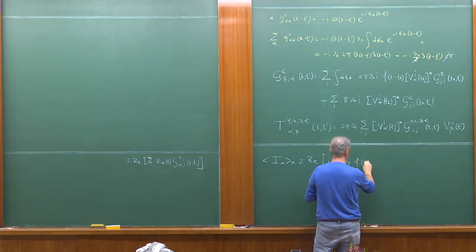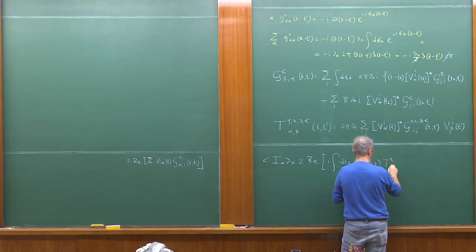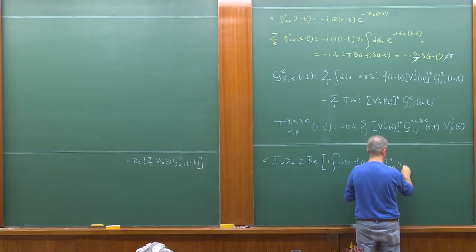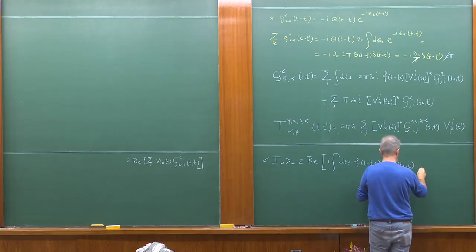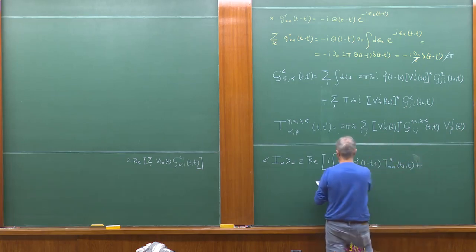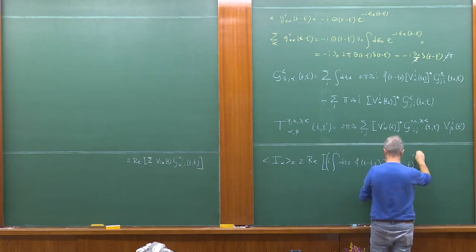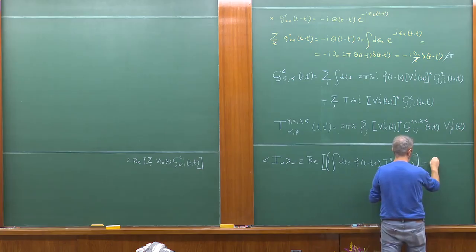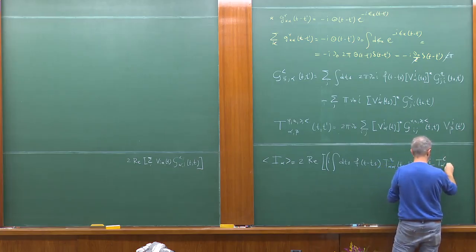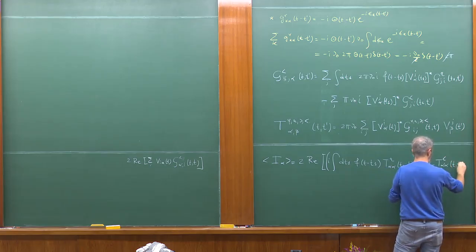F of t minus t1, t advanced alpha alpha, t1 t, and then minus, so let's put this under parenthesis, and then minus i over 2 t lesser alpha alpha tt.